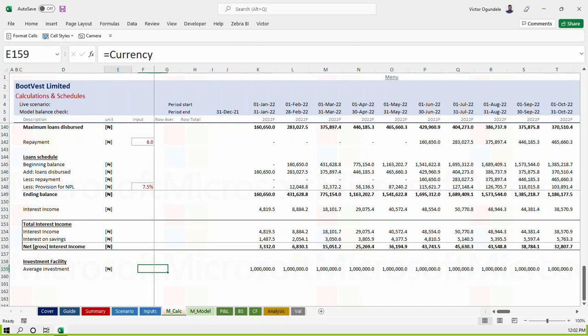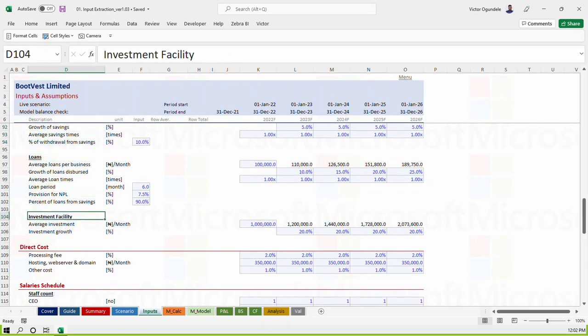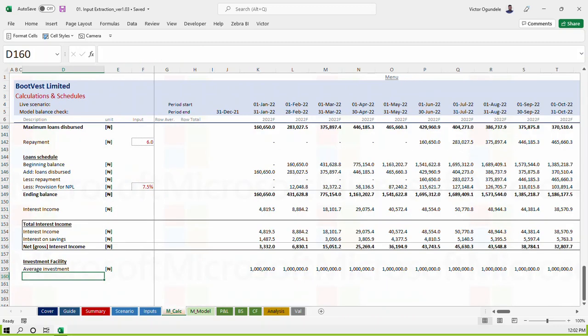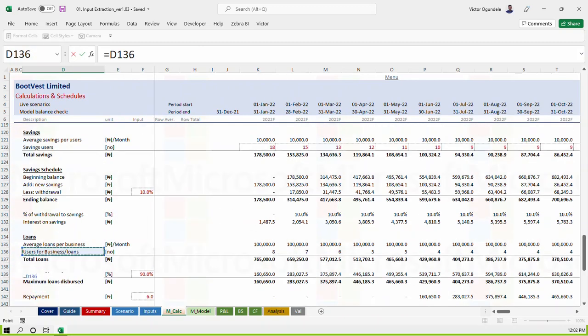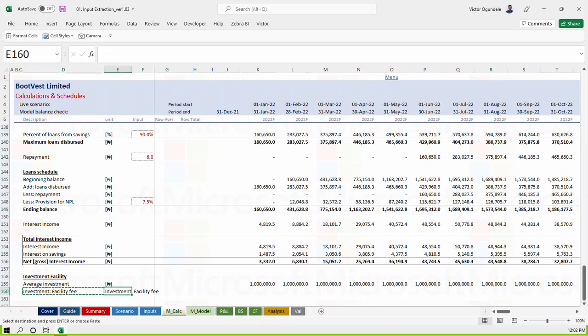So average loans, then our investment growth, we already have that. What is our rate on our investment facility? This should be in percent.